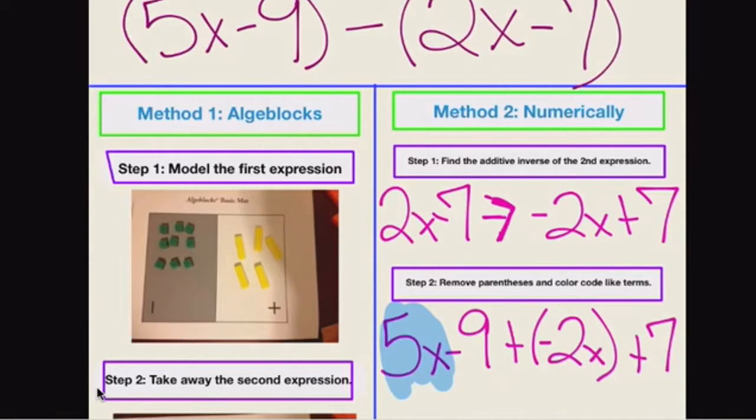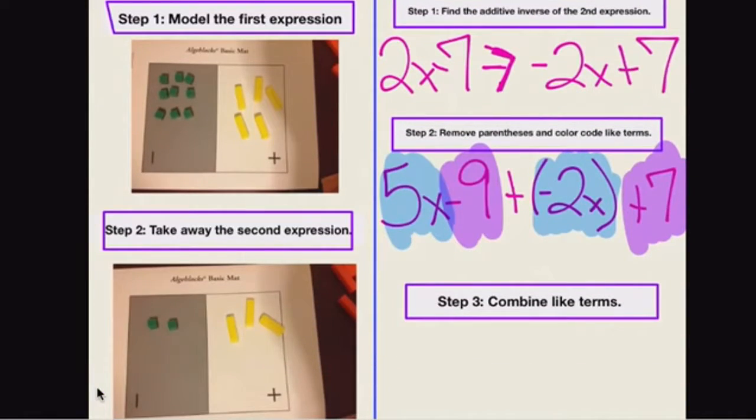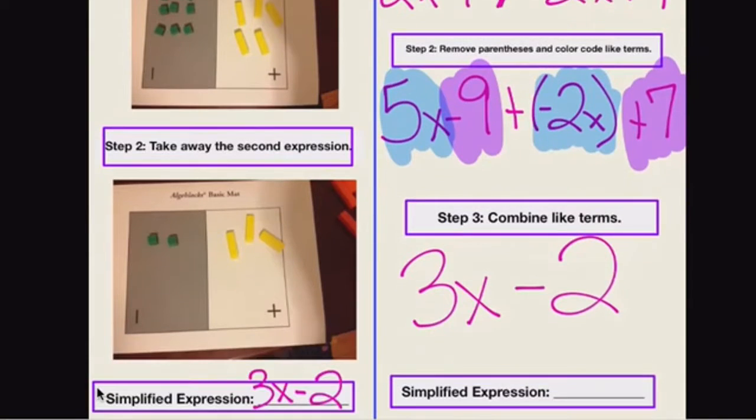So 5x and negative 2x will go together, and minus 9 and plus 7 will also go together. Let's combine like terms. 5x plus negative 2x is 3x. Minus 9 plus 7 is minus 2. So again, our simplified expression is 3x minus 2, which is also what we got earlier, so we know we did it right.